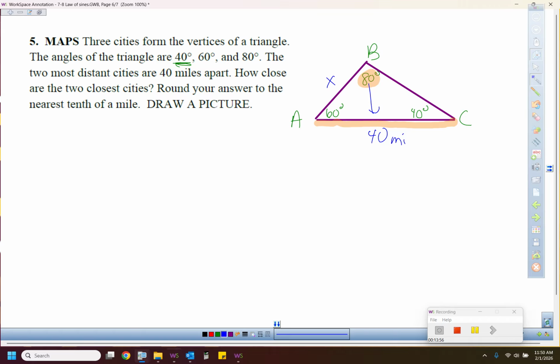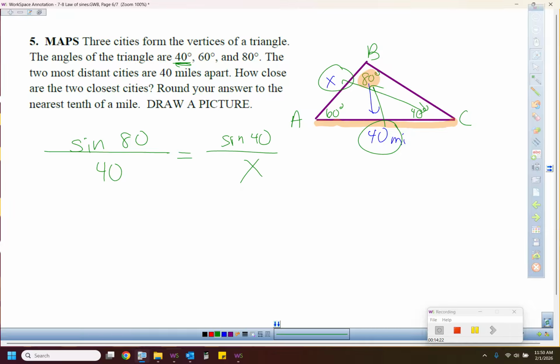So what should I use? Well, I don't have a right triangle, so let's use the law of sines. This 40 is across from the 80, so I'll do the sine of the angle measure over the side length, and that will equal the sine of 40 over x. Cross multiplying, x sine of 80 will equal 40 sine of 40, and then we divide.